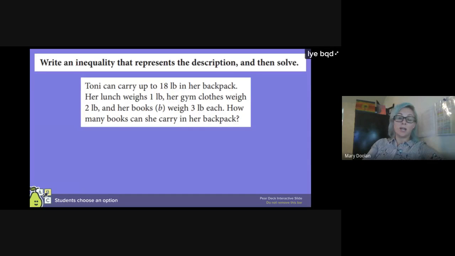It's saying she can carry up to 18 pounds. So we need to come up with numbers that are what? Would a number like 15 be okay? Would a number like 20 be okay? One of those symbols is representing it the correct way, and the other one is not.